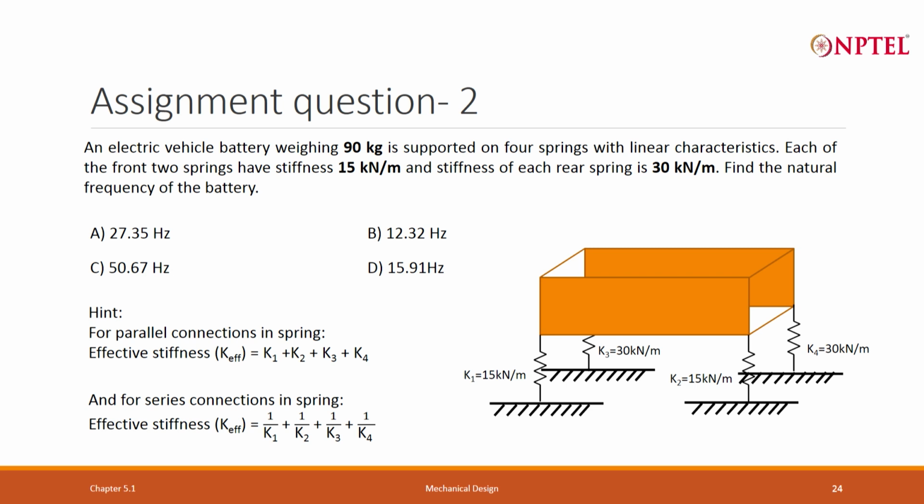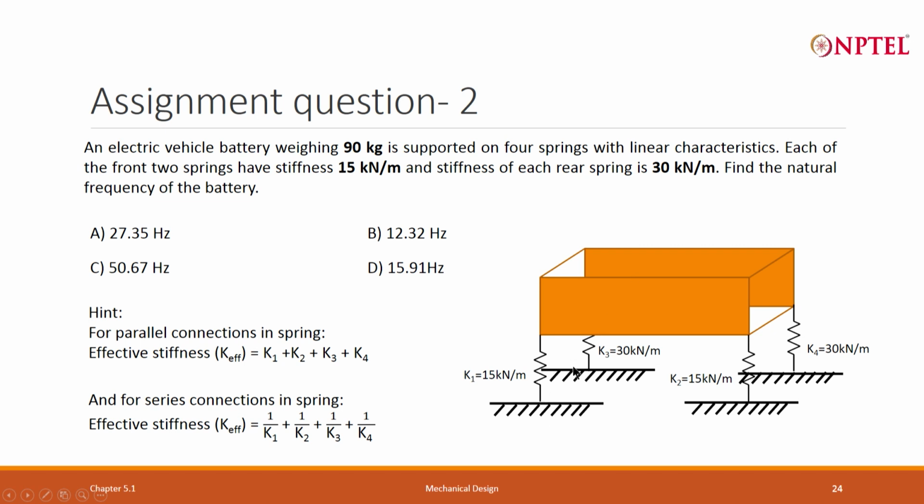So, m is 90 kg, supported with 4 springs with linear characteristic. So, either you put rubber pads or you put vibration isolators. These vibration isolators are nothing but a spring dashpot arrangement. So, it can damp, but I am removing damping terms here just for simplification.